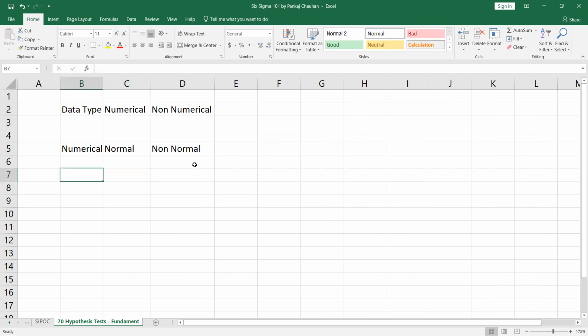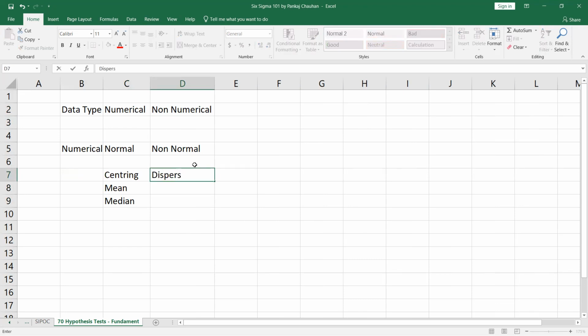Rest of the thing, we will look for the variability, basically the centering or the dispersion. In centering, we compare the mean and the median. When you look at dispersion, we mainly deal with the standard deviation or the variance. The major measure is the standard deviation.